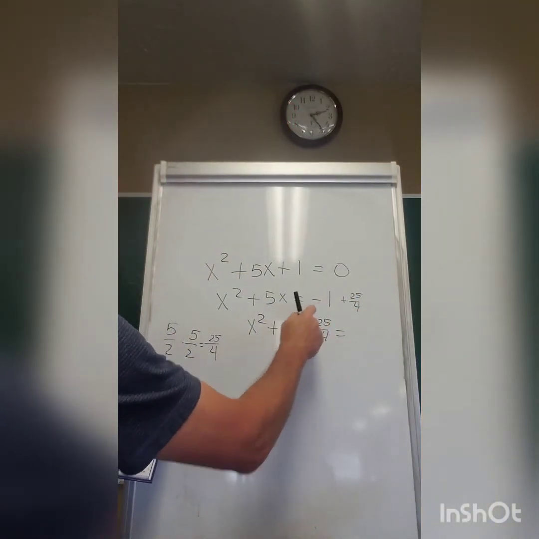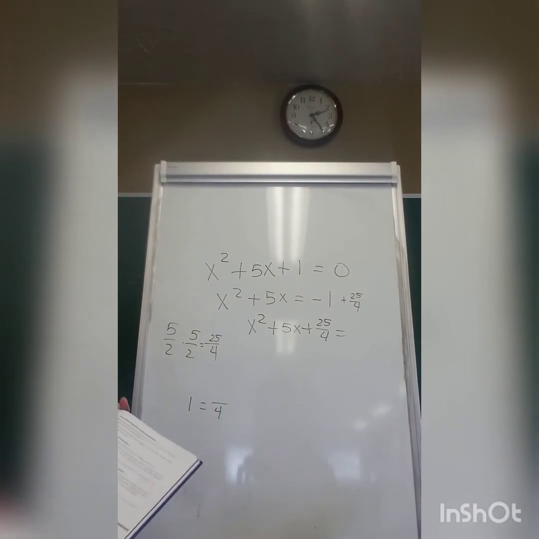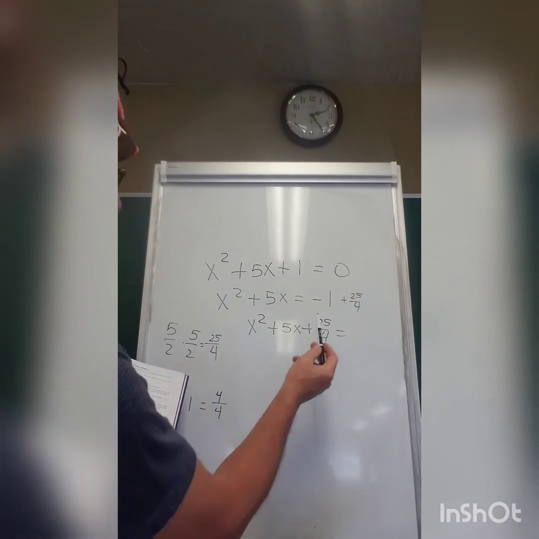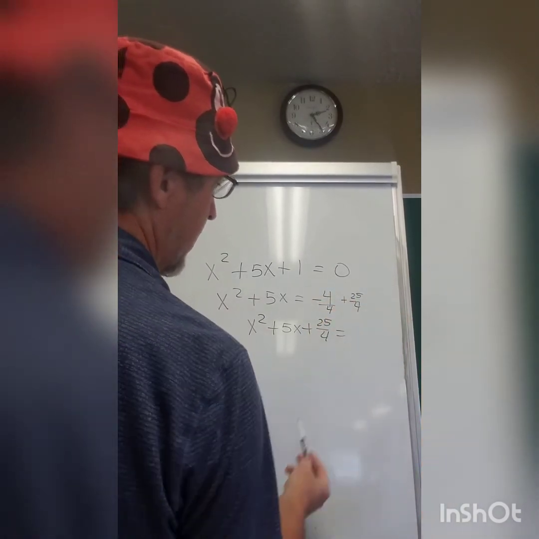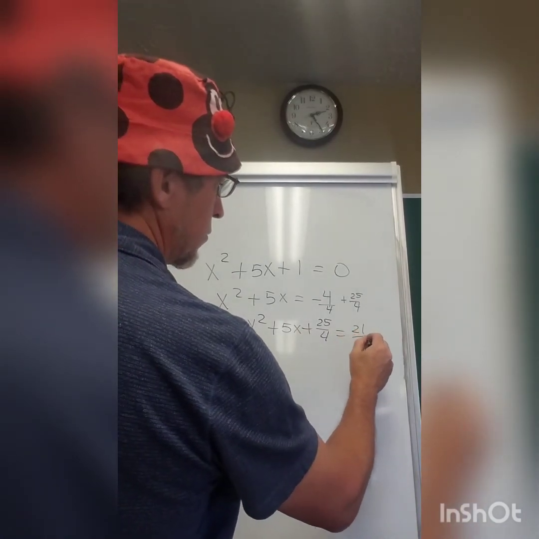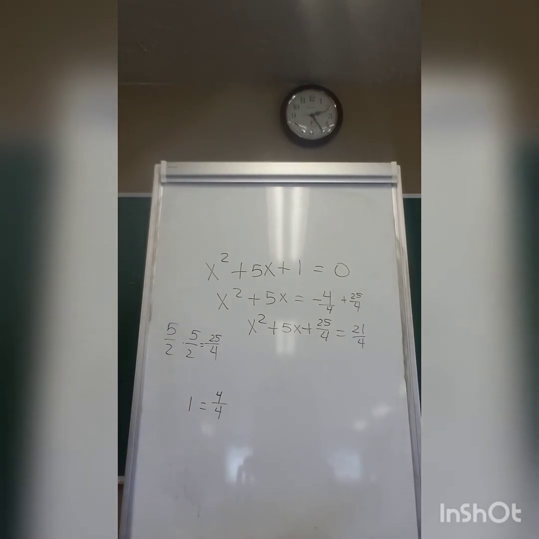So again, think, what does 1 equal with a denominator of 4? 4/4, right? Yeah. So this is a negative 4/4 plus 25/4. You have 21 over 4. So that's the answer for number 43.